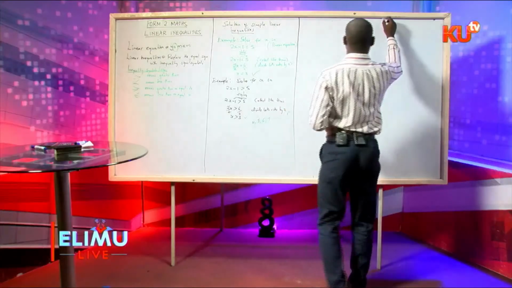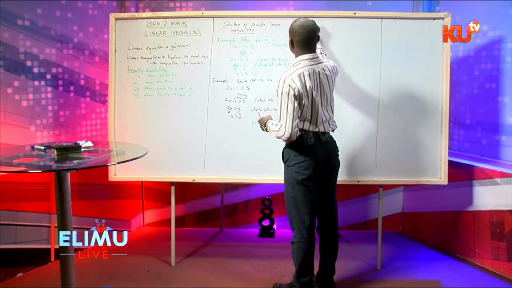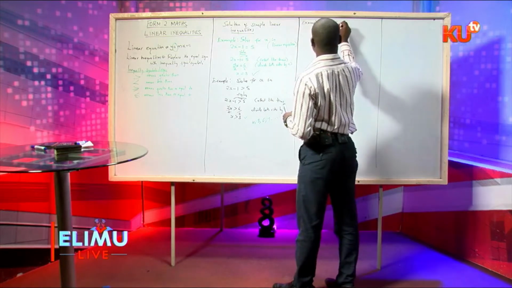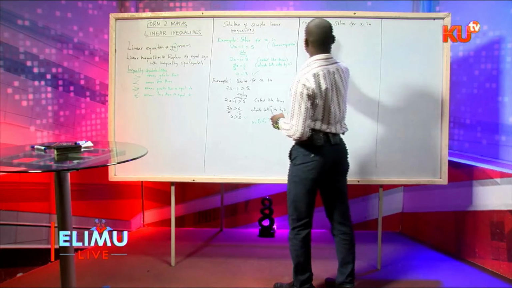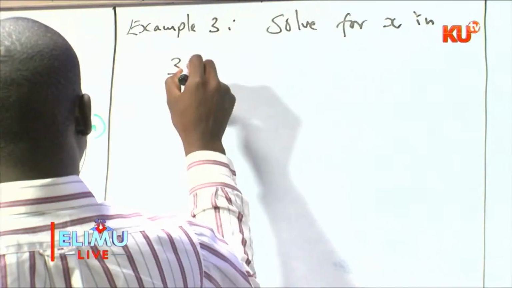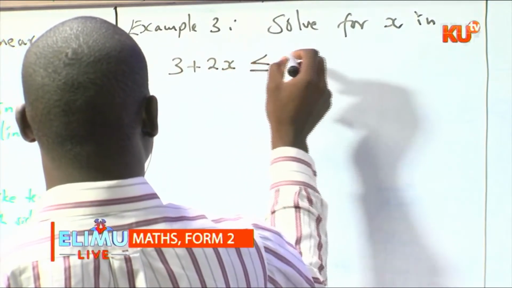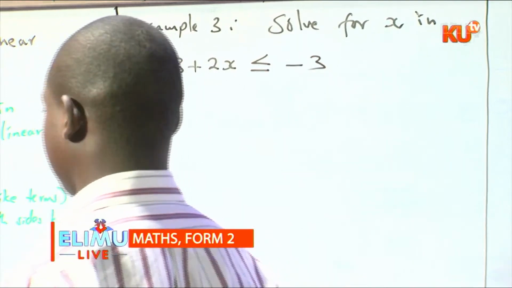We can have another one. If we have this as our example 3, you are told to solve for x in 3 plus 2x less than or equal to negative 3.